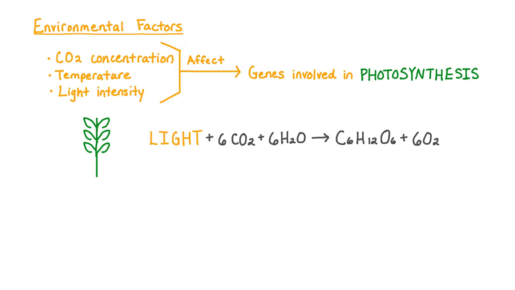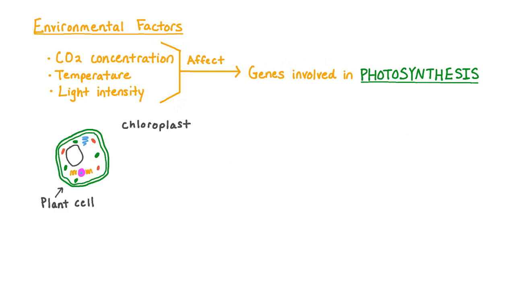You probably already know that photosynthesis is the process by which plants use light, carbon dioxide, and water to produce glucose and oxygen. You may also remember that photosynthesis takes place inside plant organelles called chloroplasts.